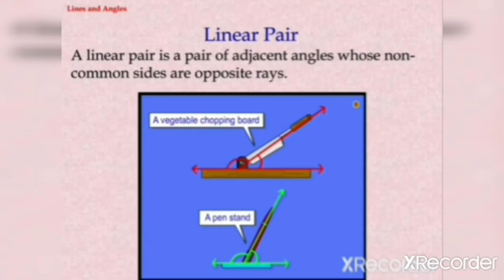The chopping blade makes a linear pair of angles with the board, and the pen makes a linear pair of angles with the stand, where one arm is common and non-common sides are opposite rays.